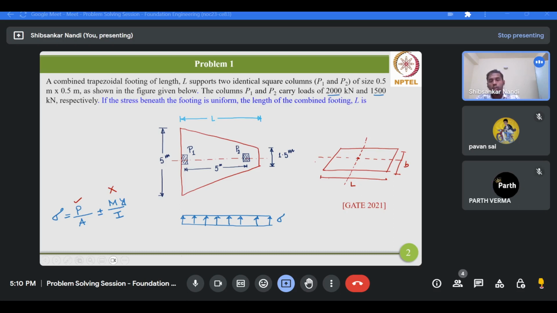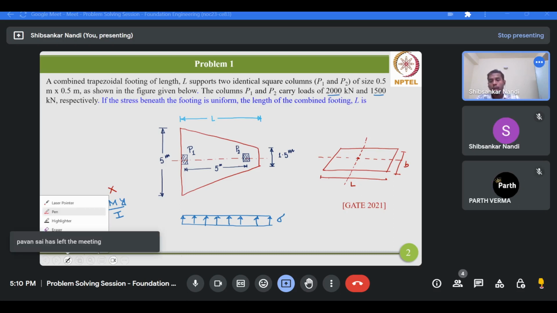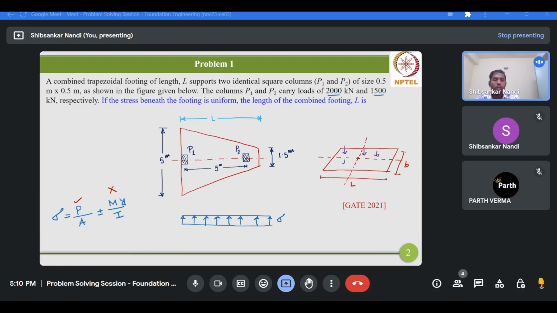And it can support multiple loads. Suppose it's supporting P1, P2, P3. It's a kind of strip foundation, supporting multiple columns, and multiple columns are exerting multiple axial loads.